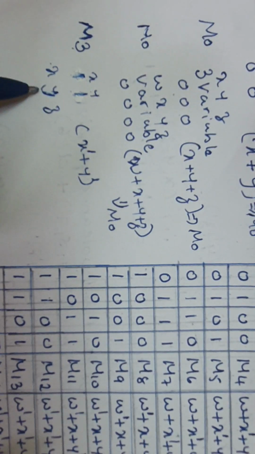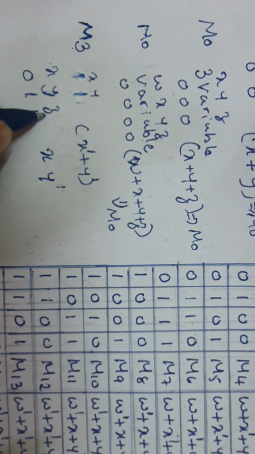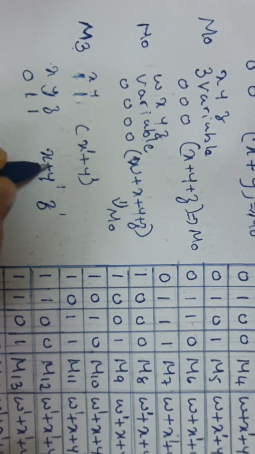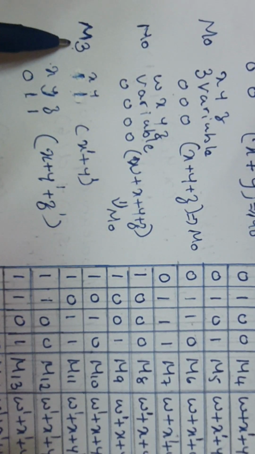For 3 variables, x, y, z, this 3 is written as 0, 1, 1. So x is 0 here, so it will be written as it is. y is y dash because it is 1, z is z dash because it is 1, with a plus sign in between. This indicates max term 3 for a 3 variable system.